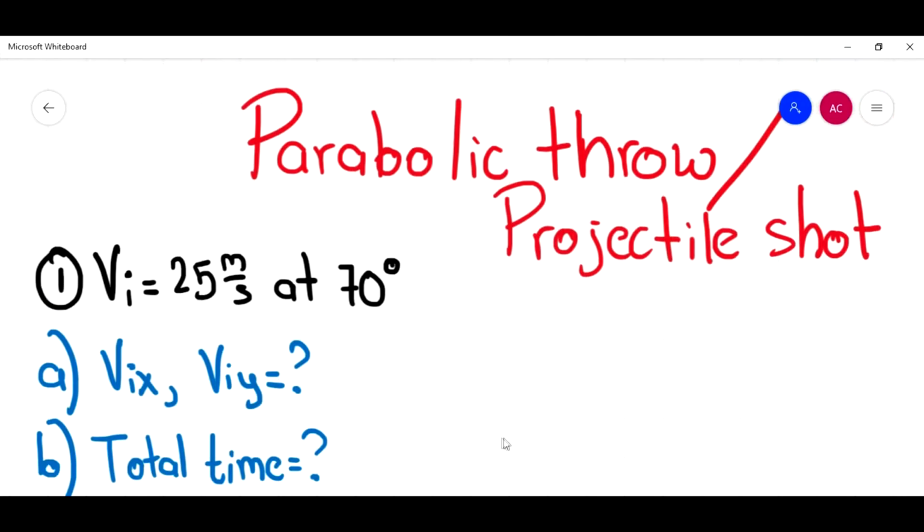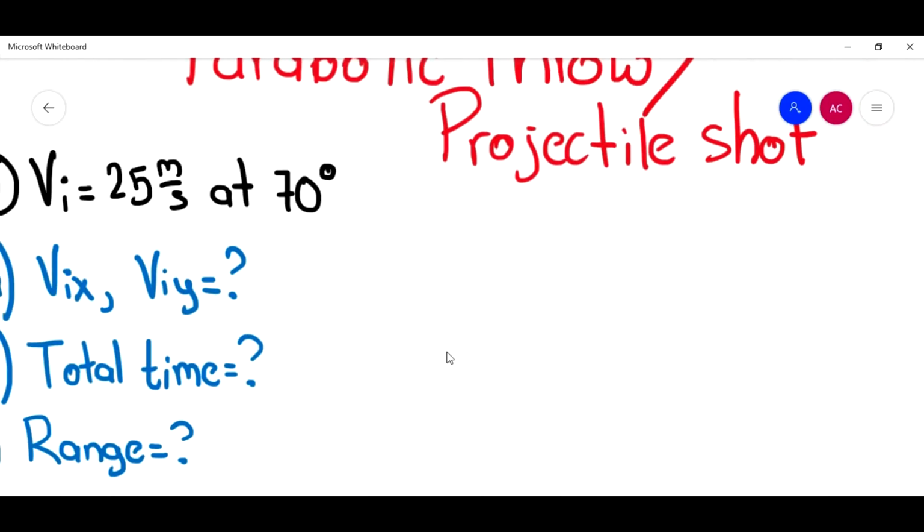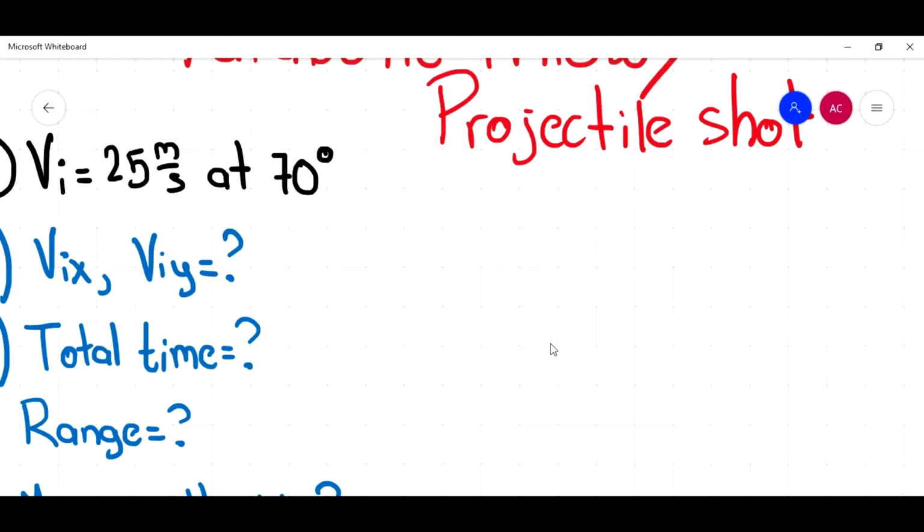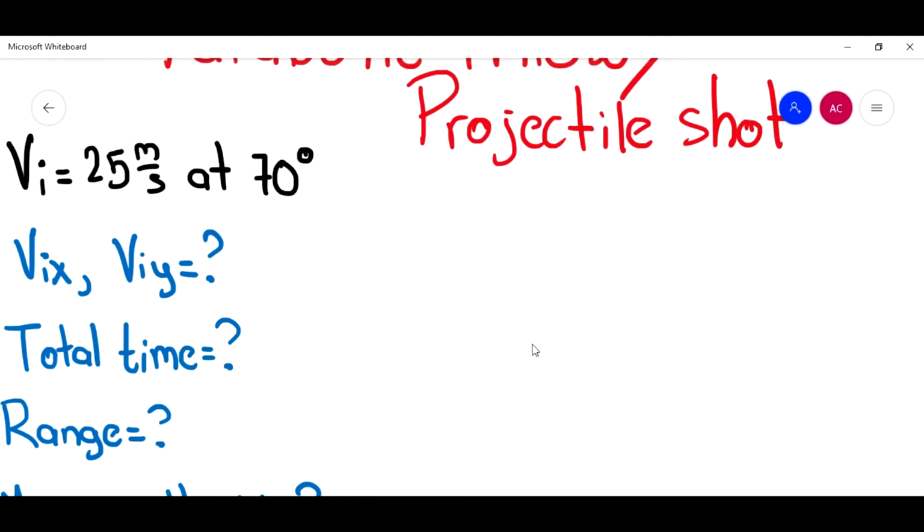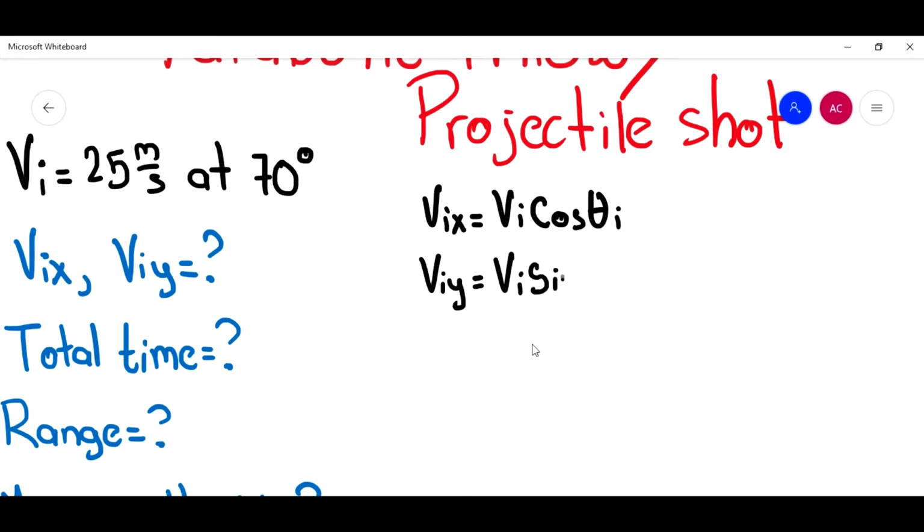If you remember from the first videos, there is a formula that says initial velocity in x equals the initial velocity that multiplies the cosine of the initial angle. And the other formula says initial velocity in y equals the initial velocity that multiplies the sine of the initial angle. Okay, so let's find them.